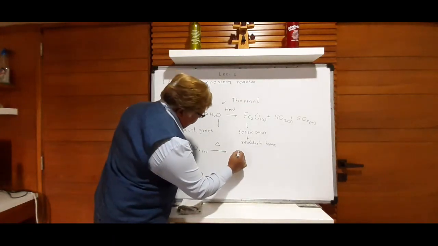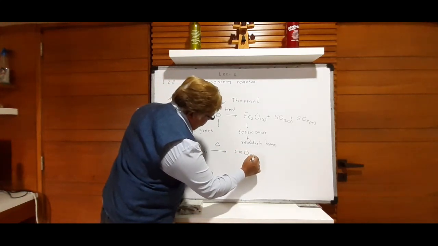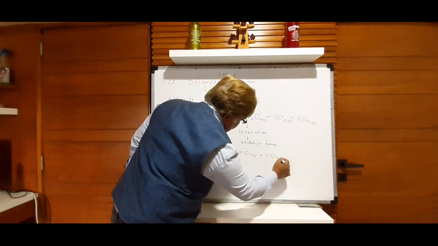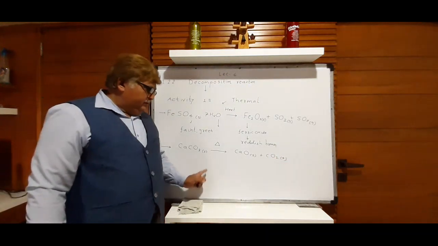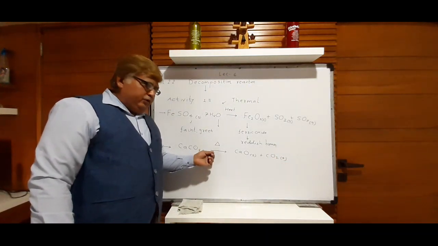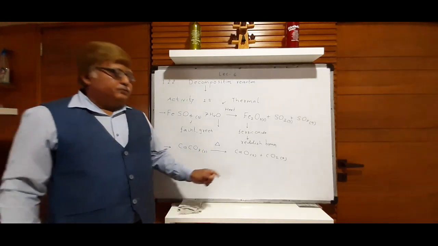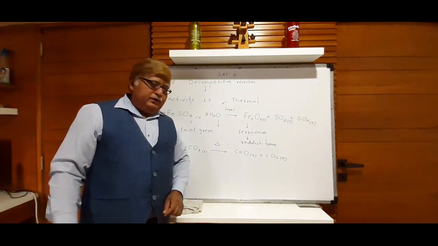It will decompose into calcium oxide, in solid form, and carbon dioxide, in gaseous form. What happened here? By supplying heat energy, calcium carbonate decomposed into calcium oxide and carbon dioxide.